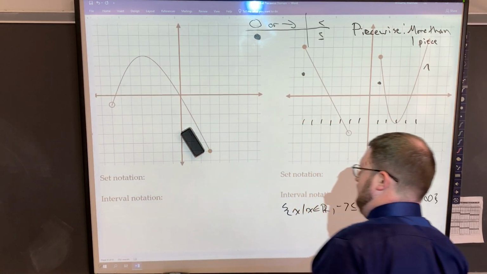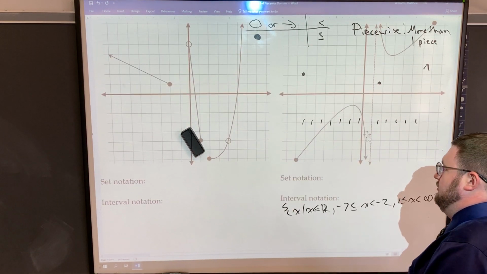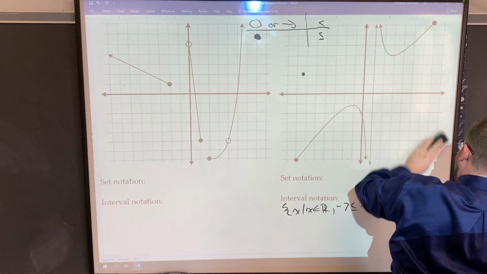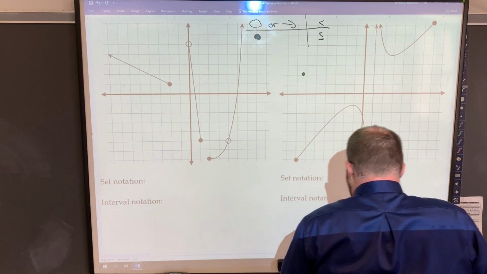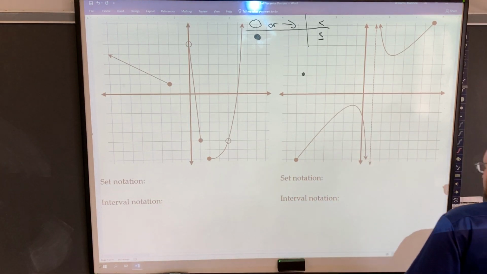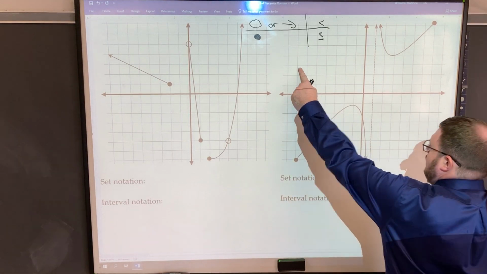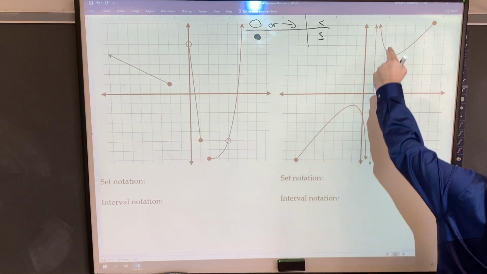Two more examples of domain in set notation. I'm actually going to do the one on the right first. We need to talk about how to exclude a specific value. So right here we have this function, this curve right here and right here.